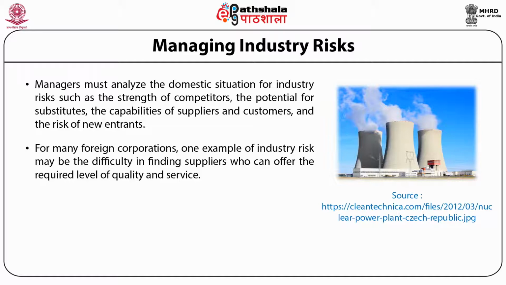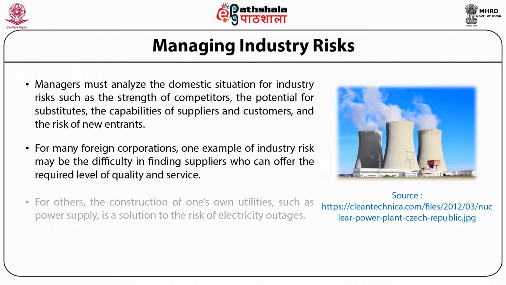For some Canadian corporations, one solution has been to encourage other Canadian or US suppliers to open a business in the same locality. For others, the construction of one's own utilities, such as power supply, is a solution to the risk of electricity outage. Such actions may serve to strengthen a corporation's domestic competitive edge.